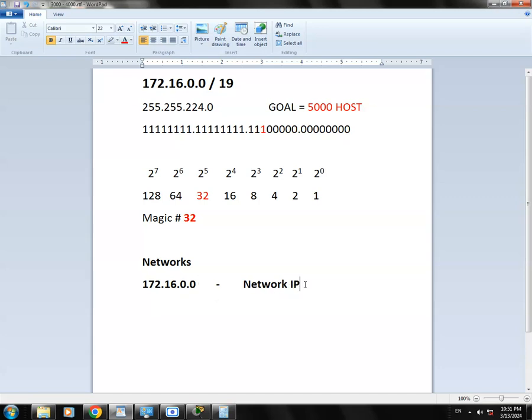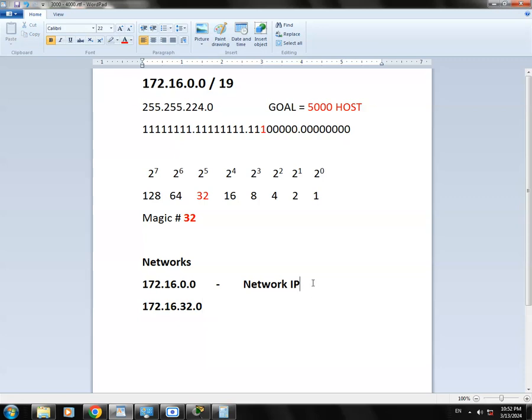Before we do that, let's follow the magic number. It should increase by 32 in here. So if we want to create another network, we can put here 172.16.32, of course, and then .0. So this will be the second network, and we will be using this network on the next one, which is the 3,000.